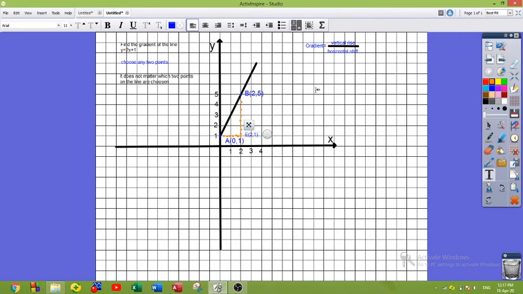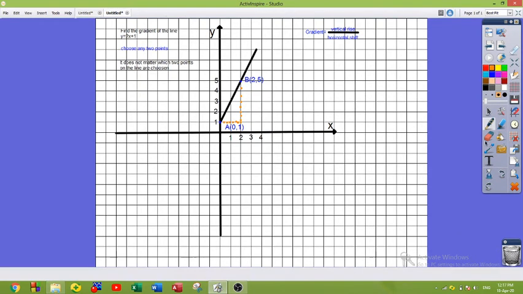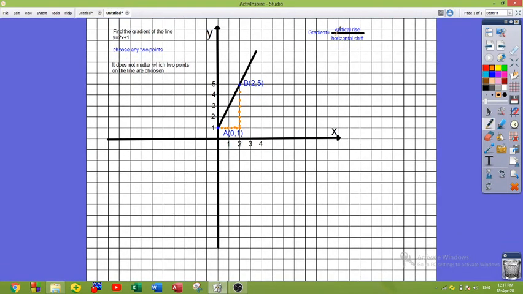Now if we want to evaluate our gradient, the vertical rise will be what? Here we have 5 and here we have 1.